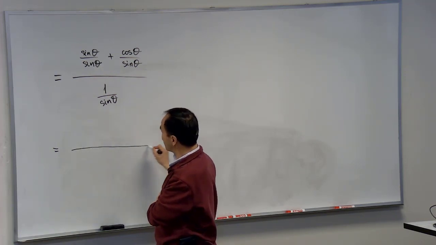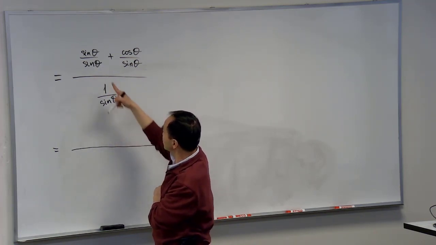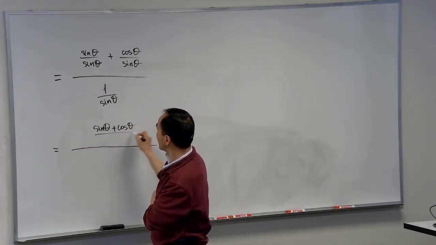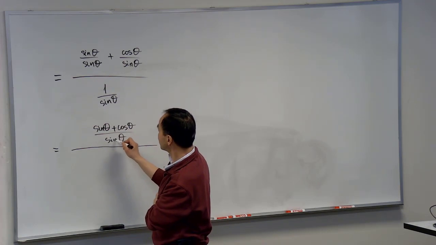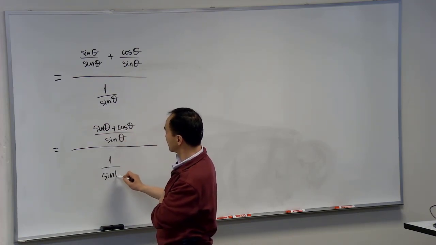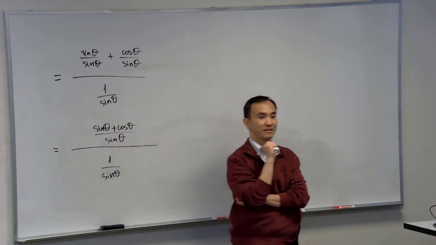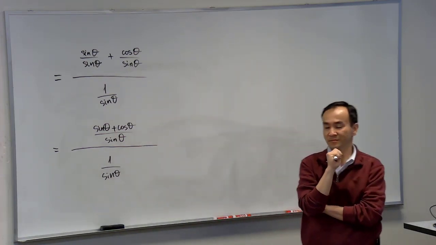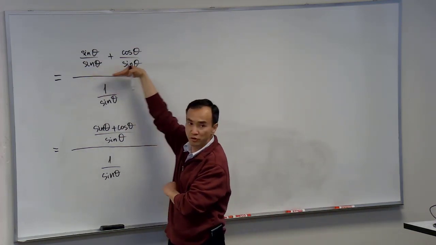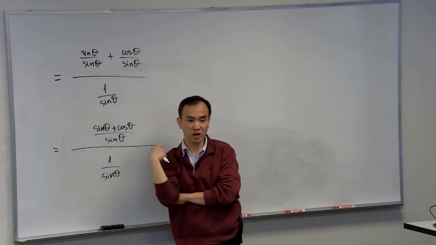And so now one more step further. I can now algebraically combine these two fractions into sine of theta plus cosine of theta over sine of theta. And then the one in the denominator, 1 over sine of theta. I combined the two fractions in my numerator of this bigger expression.